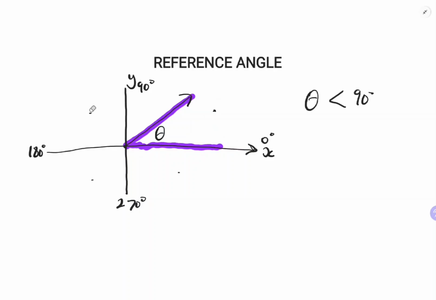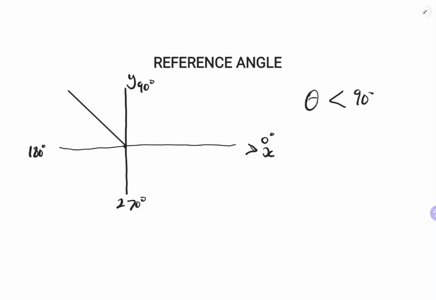So for instance, let us draw these lines in a different situation. Let me redraw that. Let's say that the line was there. This is still the x-axis. The reference angle will then be there.